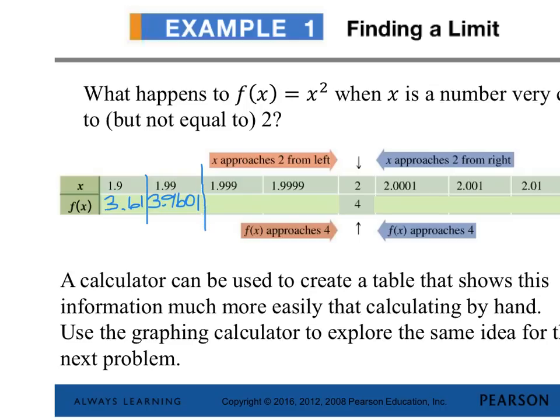Now, if we move even closer, we can take the number 1.999, that's 1 and 999 thousandths, which is very close to 2. When we square that number, we get 3.996001.